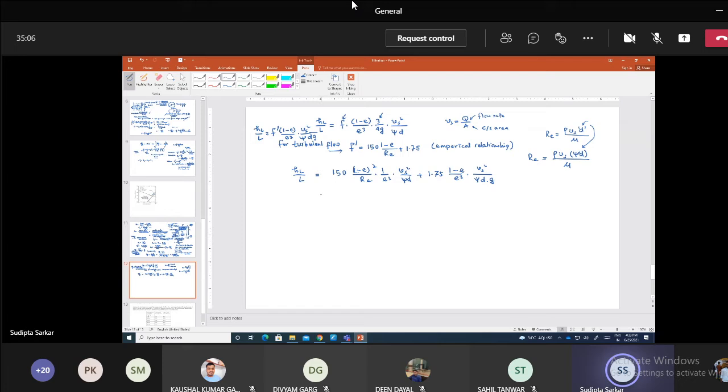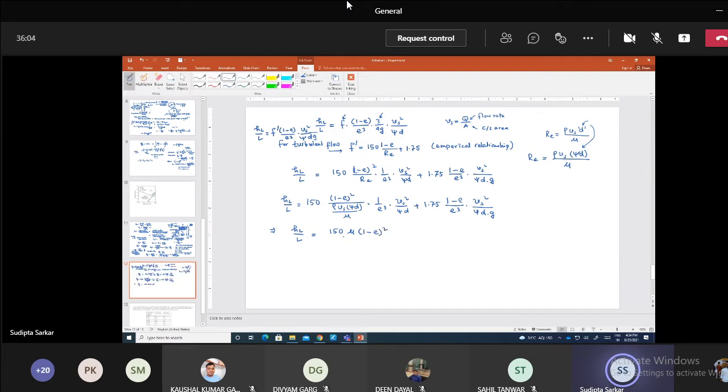So if we introduce this, then the equation becomes HL by L equals 150 into (1 minus E) square divided by RE, which is rho Vs psi d divided by mu, into (1 minus E) by E cube into Vs square by psi d, plus 1.75 (1 minus E) by E cube into Vs square by psi d into g. So we can write that HL by L equals 150 mu into (1 minus E) square.